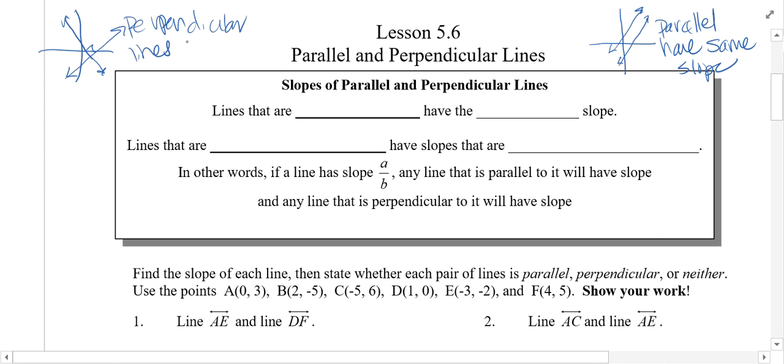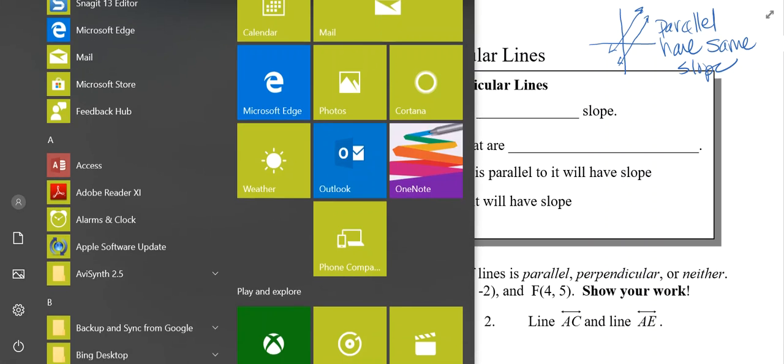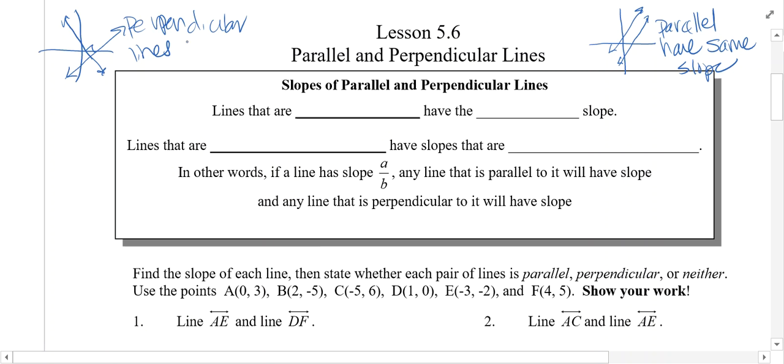So before we move forward, I just wanted us to have a picture of what they look like. Okay, so we're going to talk about slopes and then drawing equations for parallel and perpendicular lines. Lines that are parallel have the same slope.